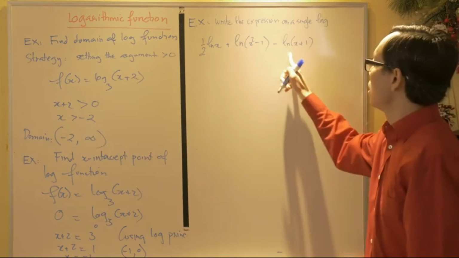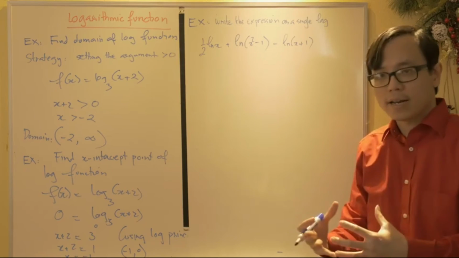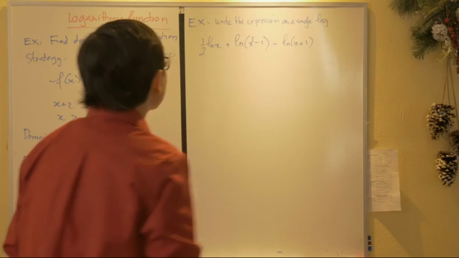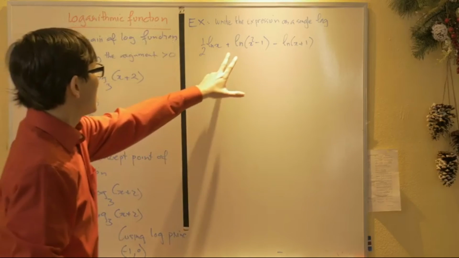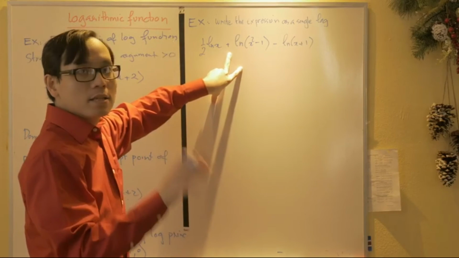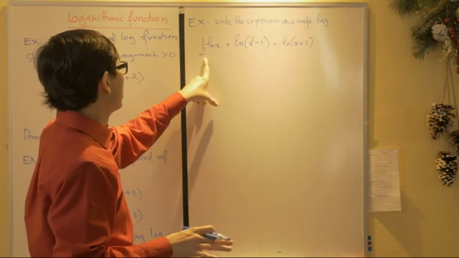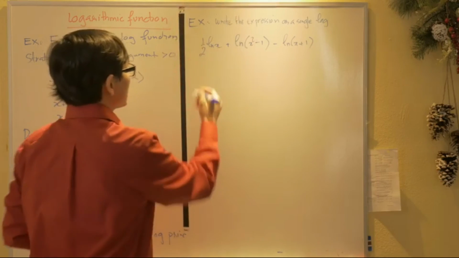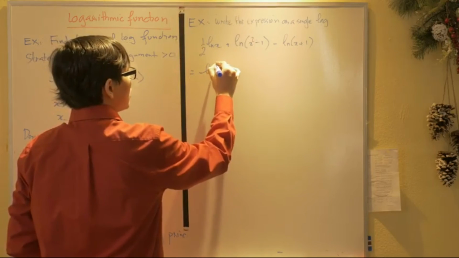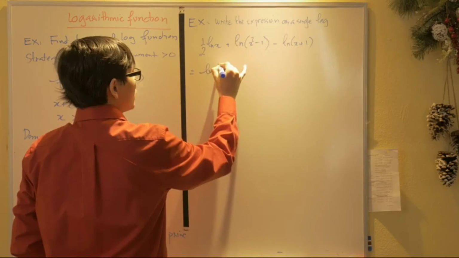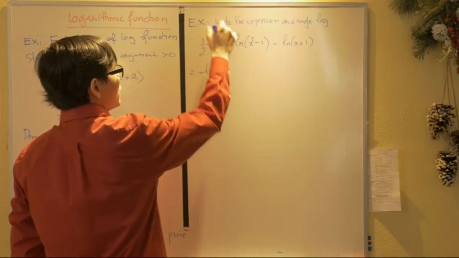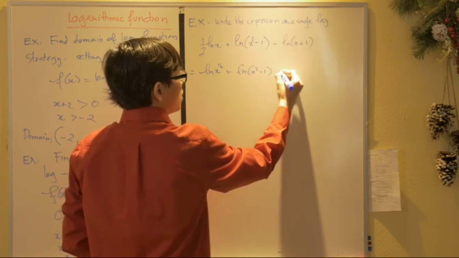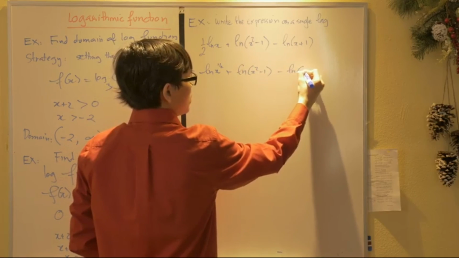So we have 3 natural logs, and we have to rewrite them as 1 log only. Remember, if we have the sum, we can rewrite it as the product. However, we need to bring 1 over 2 back up as the exponent. So this is equal to ln of x to the 1 over 2, plus ln(x squared minus 1), minus ln(x plus 1).